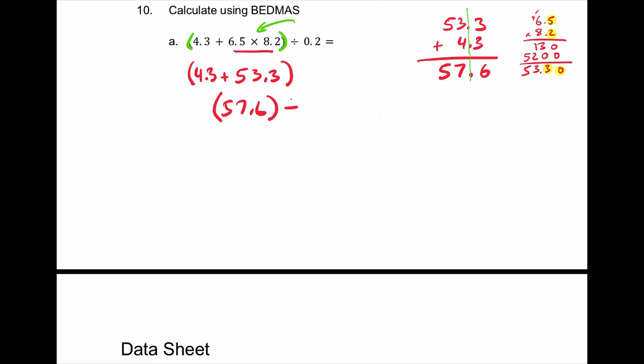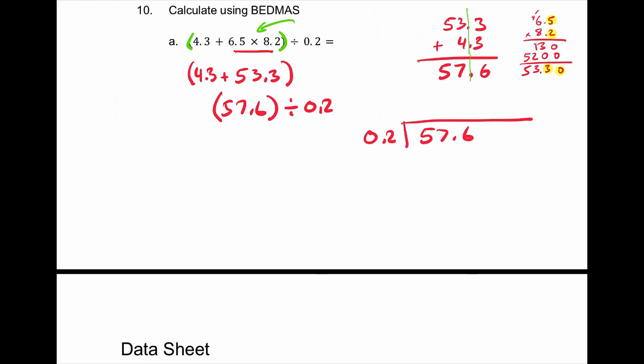And now I'm going to divide that by 0.2. So basically I've got 57.6, and we're dividing into that 0.2. Now what did I tell you in class? We don't want to divide with this number 0.2. We want it to be an integer value.